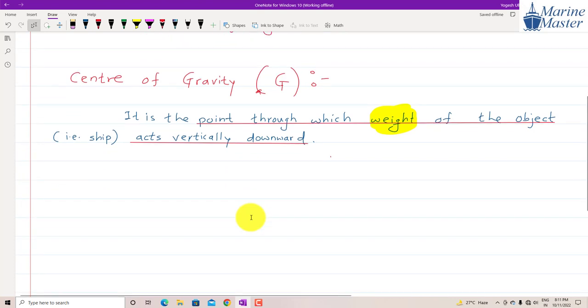Now see, we have seen the mass of the ship. How do we denote the mass of the ship? Mass of the vessel, I will say. One minute.